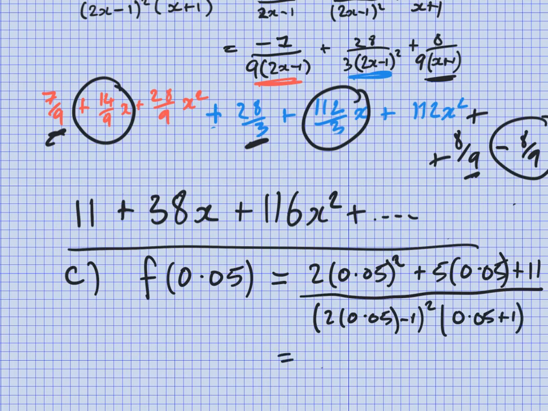Just type it in like that for the calculator, and we get 13.23339212 if you take all of the decimal places.